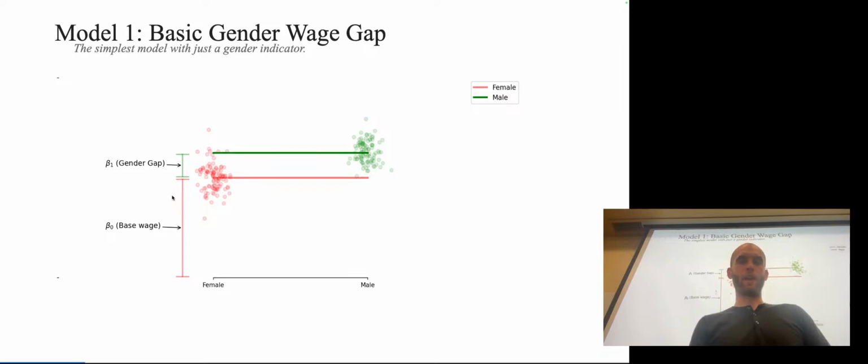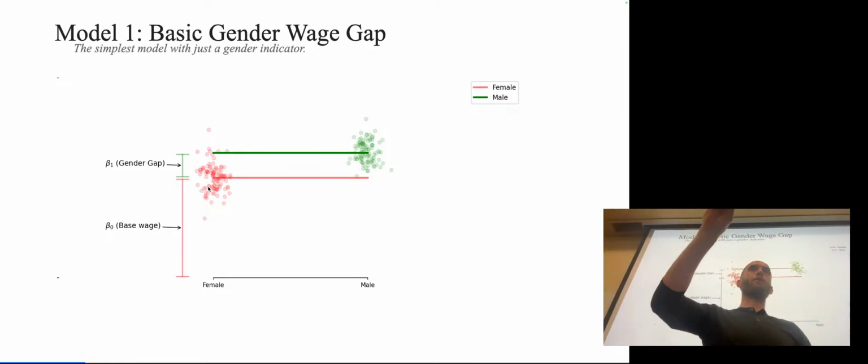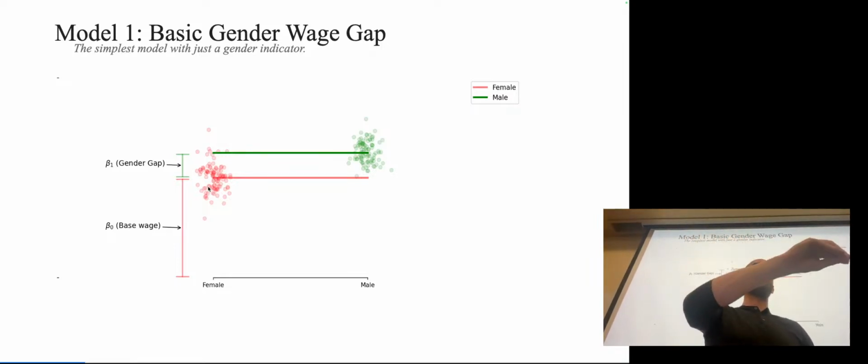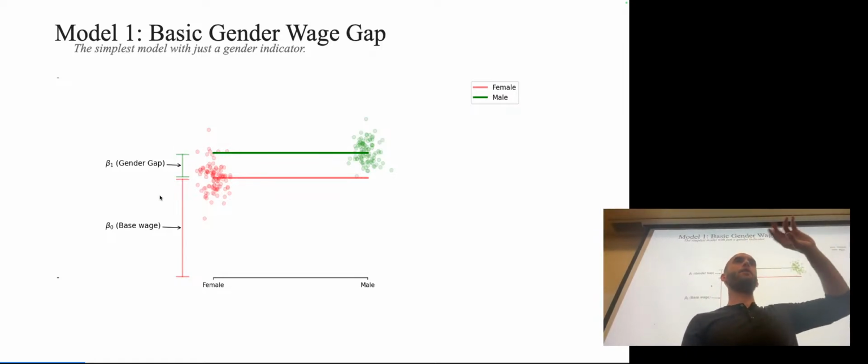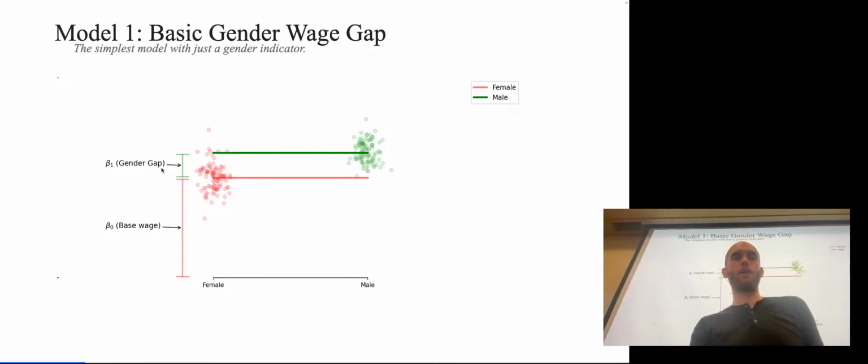And then here we have the base wage, which is the average for the group that's coded as 0. And then what we want is to find this additional difference on top of the base wage, which is our gender wage gap.